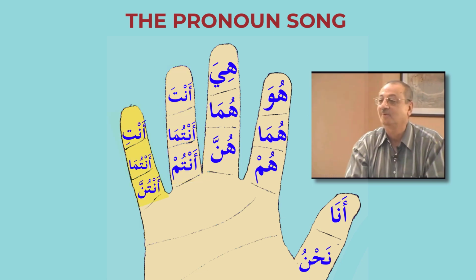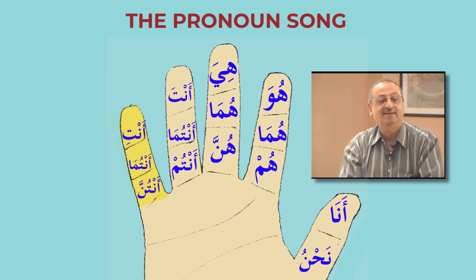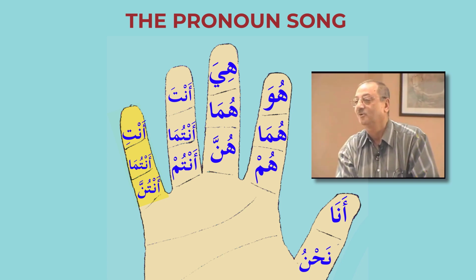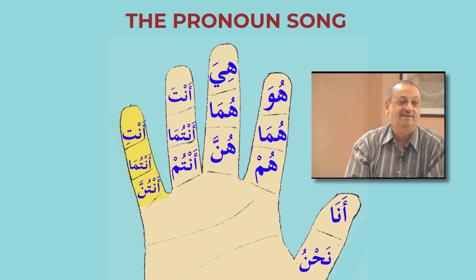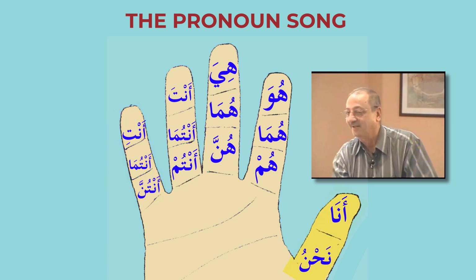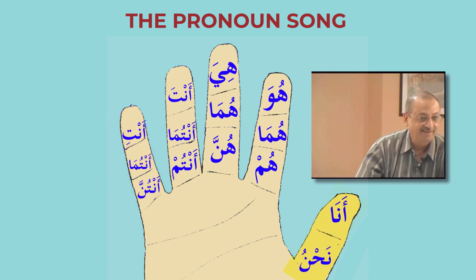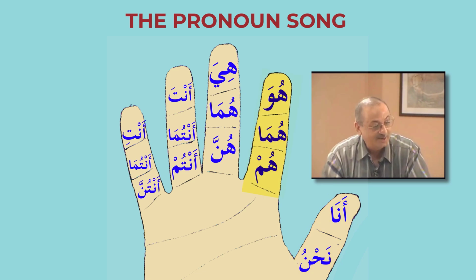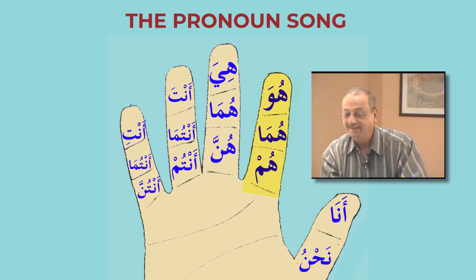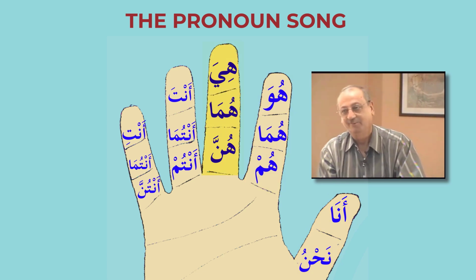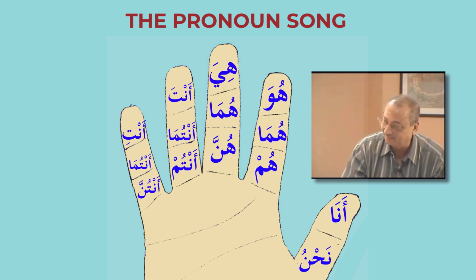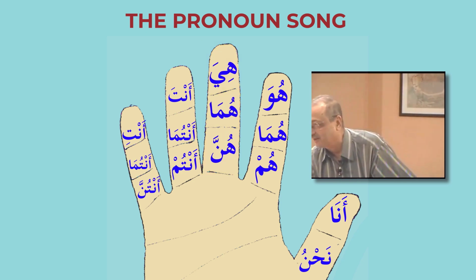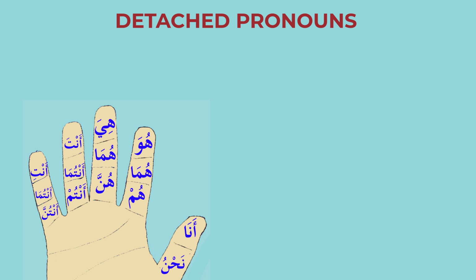Anti antuma antunna. Ana nahnu. Huwa huma hum. Hiya huma hunna. If you want to sing with me, you are welcome to sing, brother. We'll sing in a chorus now. Okay? Try to memorize it.